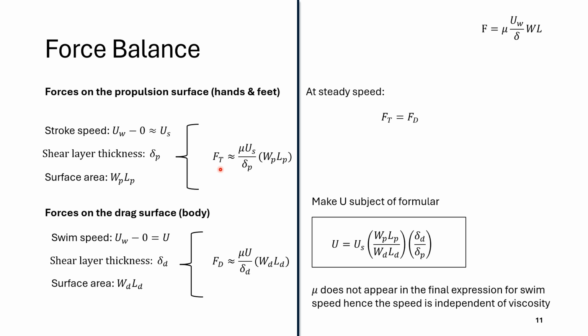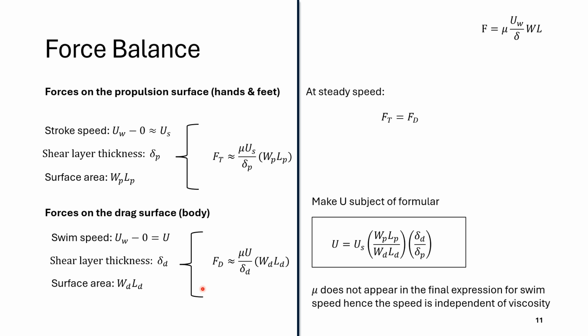And so when we take the shear stress, this is the viscosity of this particular fluid, times the velocity of the swimmer, divided by the thickness of the layer that we're looking at, and we're multiplying this by the area of the swimmer. This gives us a force per unit area. This gives us our area. This is that total applied force of propulsion by the swimmer.